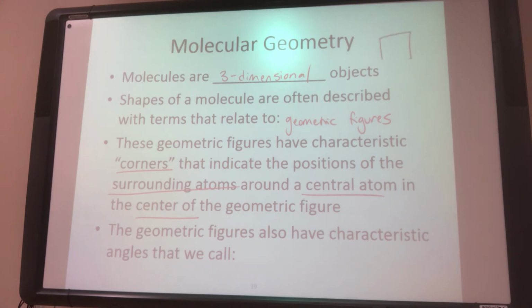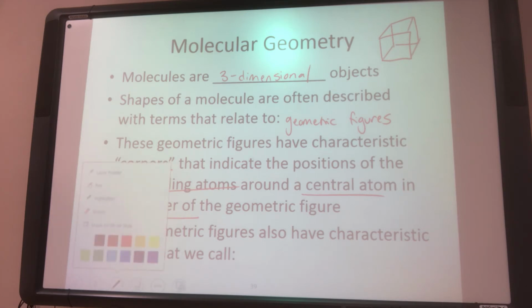So say I had a cube. One of my shapes would be where my central atom is in the middle, and then on the corners of my box would be the attached molecules, or atoms.